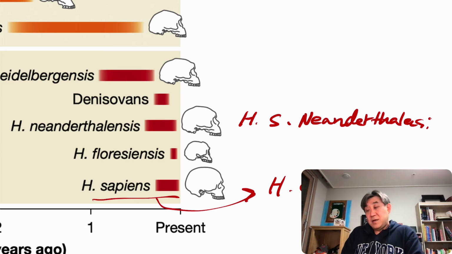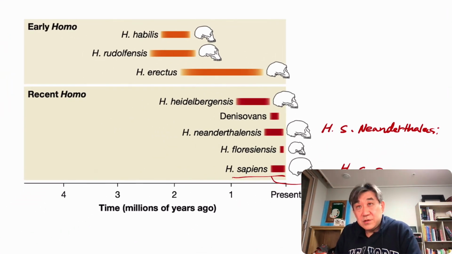That is the way they are distinguished and called. But here, on this particular occasion, they are called Homo neanderthalensis.